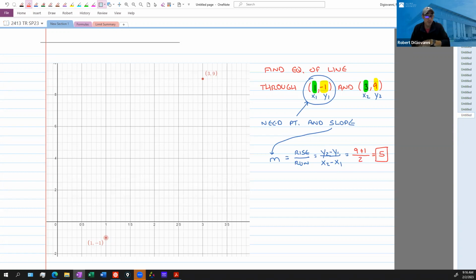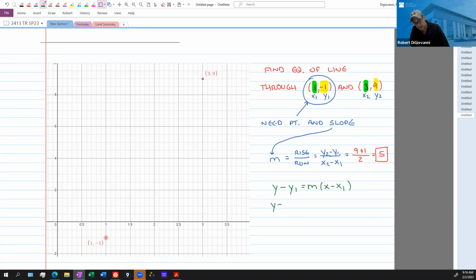So we have a point, we have a slope. And now we just go to the formula that I just showed you, y minus y1 equals m times x minus x1. Replace x1 and y1 with 1 and -1 respectively, and then replace the m with 5, and we should have the equation.